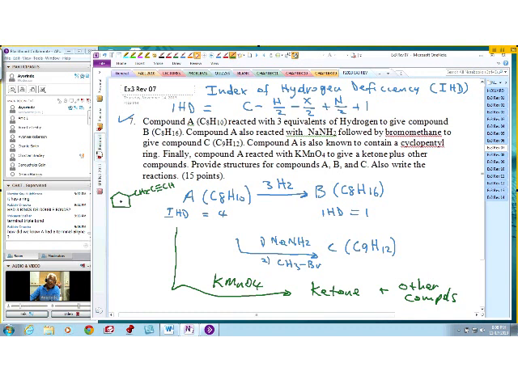The ring is an IHD of 1. So that is a total of 3. So there is one more IHD here, which must be a double bond. So is it possible that compound A could be this double bond here? Because of this reaction, we could get a ketone or other compounds, or compound A could be this. Any one of these will do.